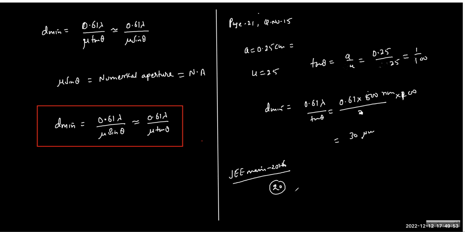You can see that because there is no 1.22 involved, you can take only lambda by A for the minimum. Don't take 1.22. Although it's not accurate, you can understand what is the best way to approach, because 1.22 will never come into the picture.